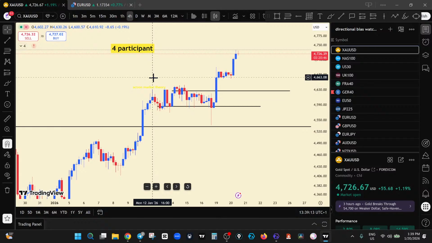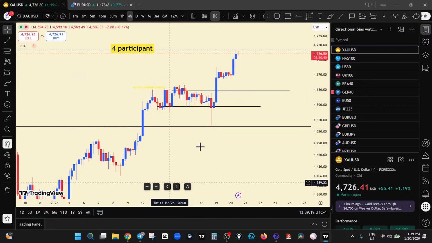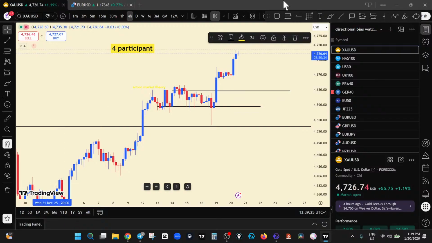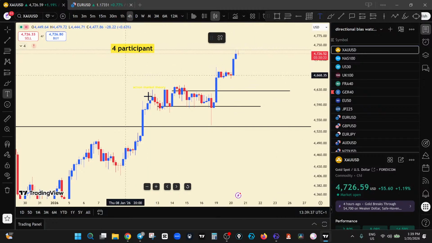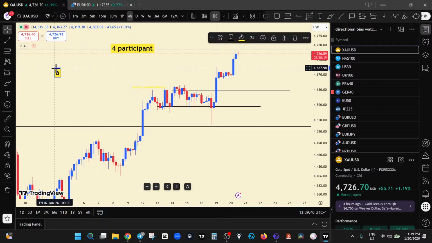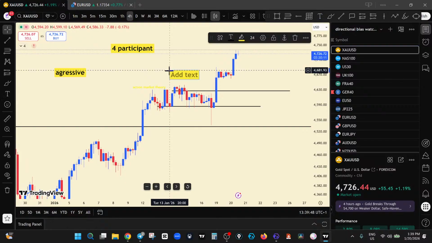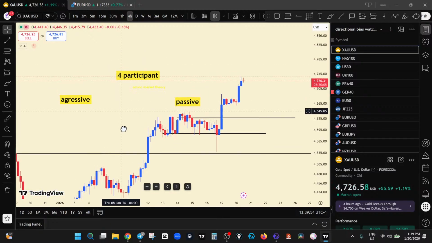So we have aggressive and passive. These are the categories of people.